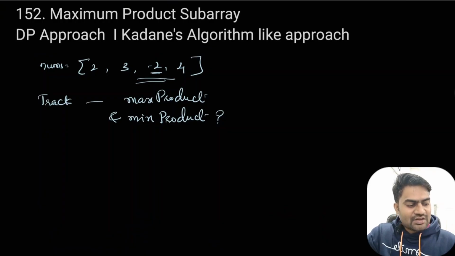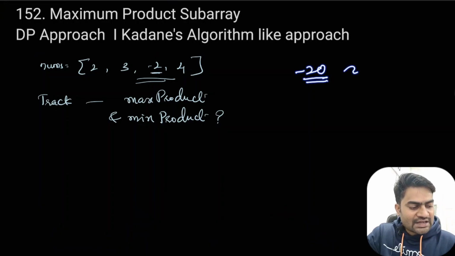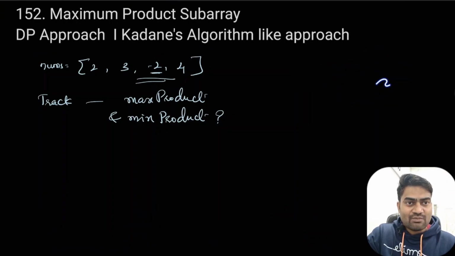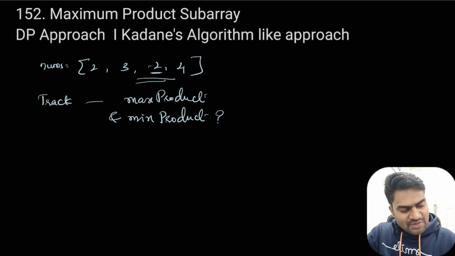Say for example, the product is somewhere minus 20, and then we find another number which is minus 2. If you multiply these, it becomes 40, a positive number. So there is a chance that this number will contribute to our maximum product. Keeping that in mind, we will memorize the maximum product and also the minimum product.